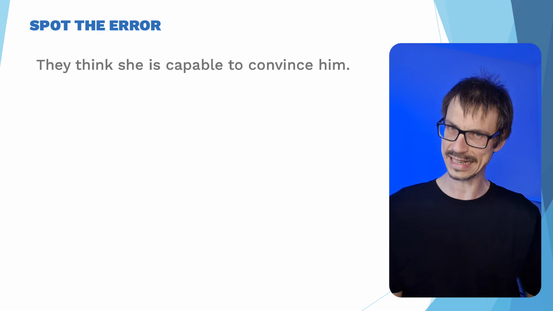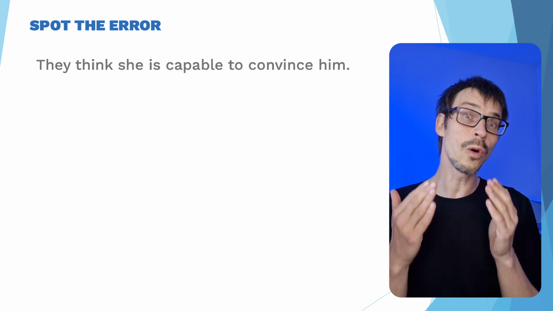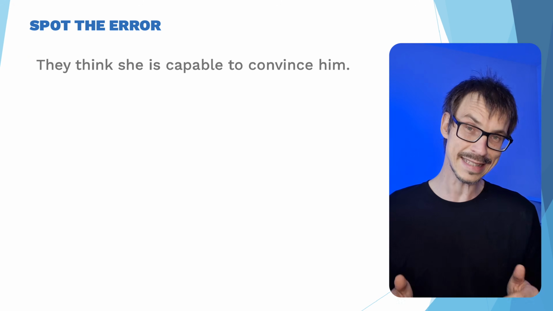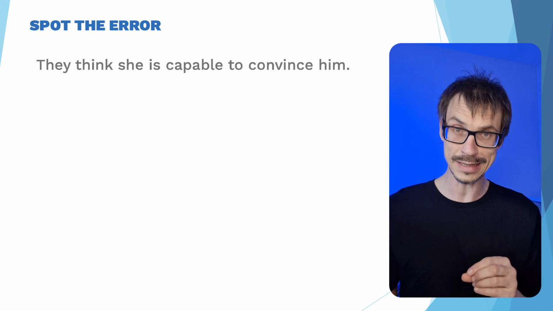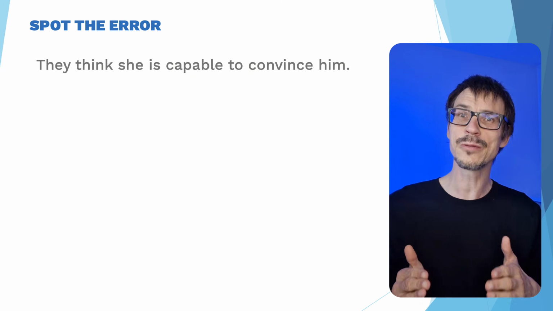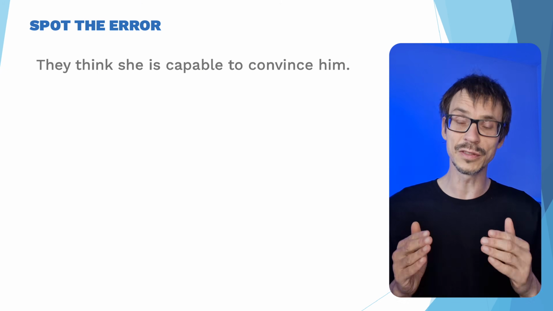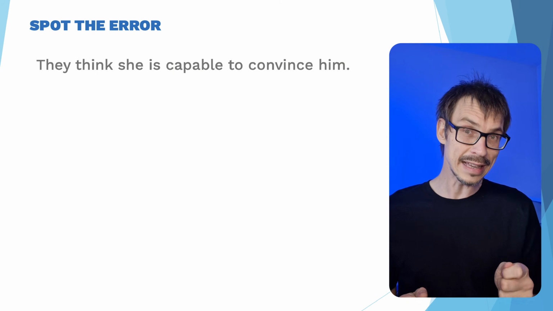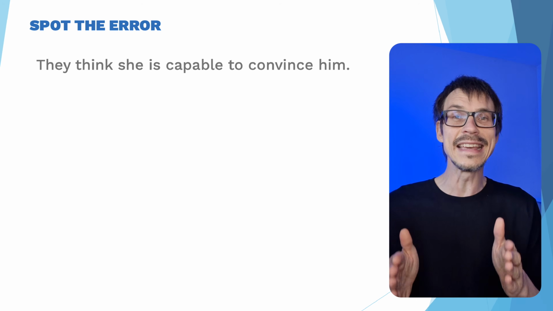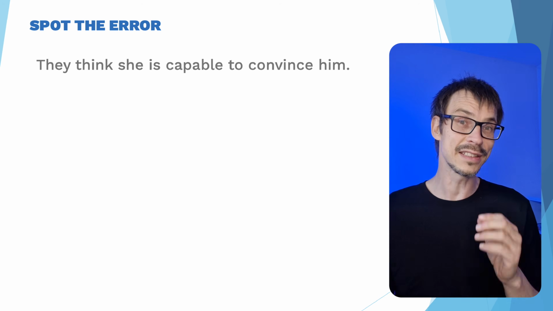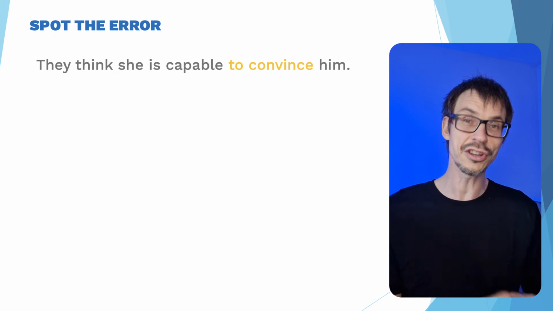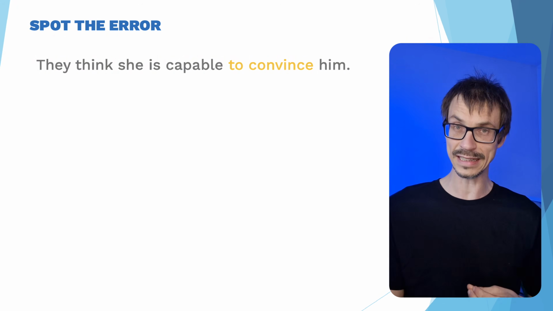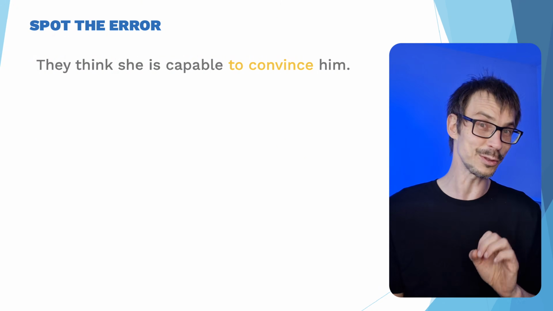Let's go over to the next sentence, and this one also contains a grammar mistake, and it's also a mistake in verb forms. This sentence sounds really good to a lot of non-native speakers, but the problem, again, is with the verb form after the word capable, because after capable in English, you can't put a full infinitive, even though it might sound great to you.